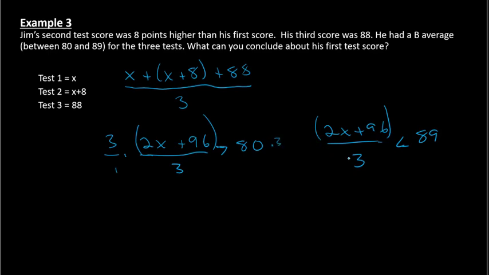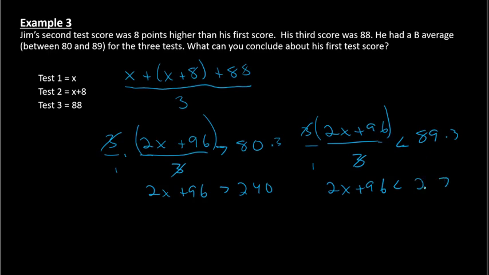That's going to be for both inequalities, all the same steps. Let's multiply this one by 3 as well. When I do that, the 3's cancel. I have 2x plus 96 is greater than 80 times 3, which is 240. And over here, the 3's cancel as well. We have 2x plus 96 is less than 89 times 3, which would be 267.